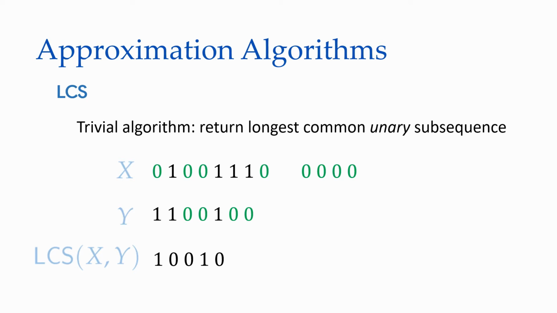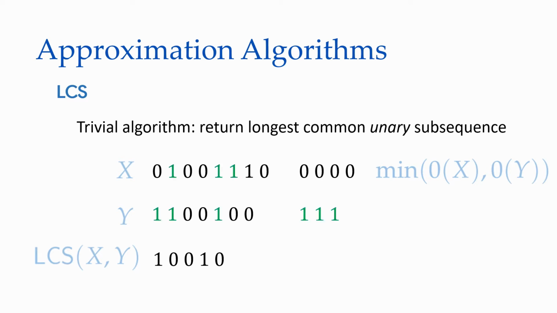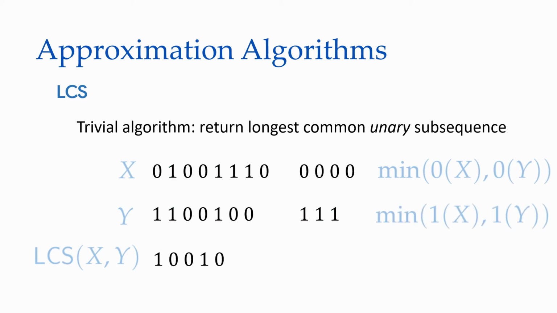The length of this string by construction must be at least as large as the number of zeros in the LCS. We can do the same for the symbol 1 and find a string whose length is at least as large as the number of 1s in the LCS. Consequently, the sum of the sizes of these two unary subsequences is greater than or equal to the length of the LCS.